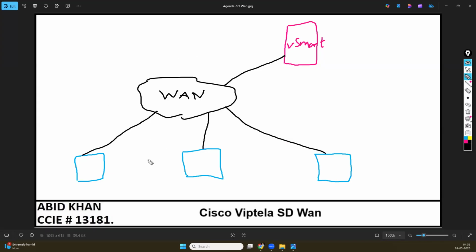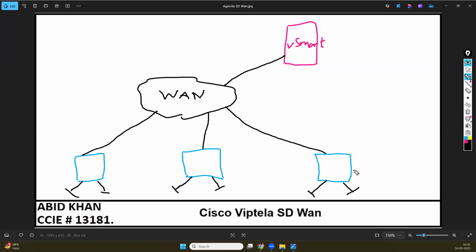Now the next question comes: the routes, ultimately. So let's say this is location A. Location A has a couple of segments. There could be a traditional router behind this WAN edge.